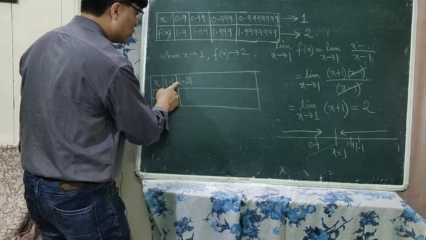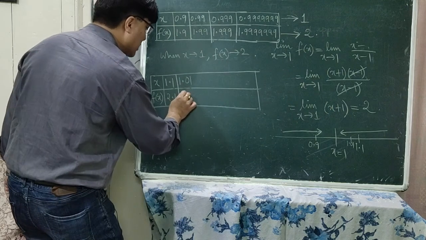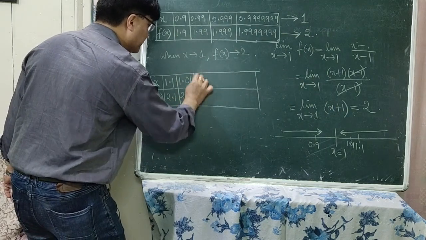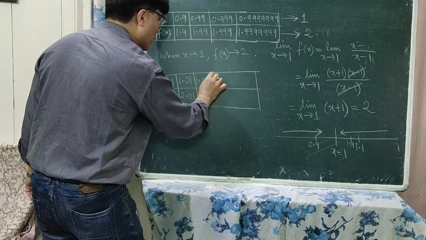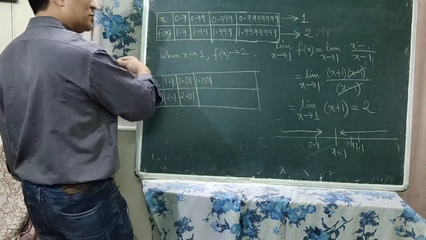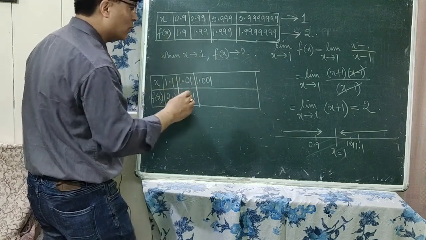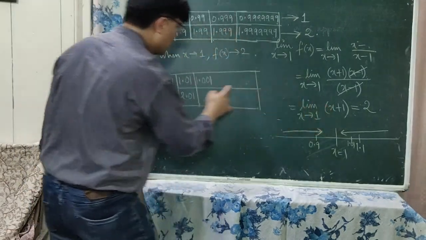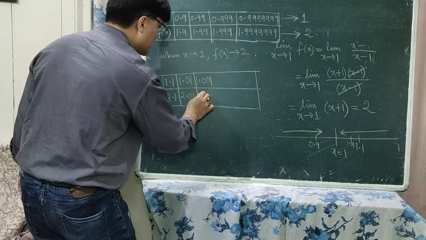What do we get? 1.01 plus 1, what is it? 2.01, right? Again you can put 1.001. Again we are approaching nearer and nearer to 1. Now if you put x is equal to 1.001, plus 1, what is the result?